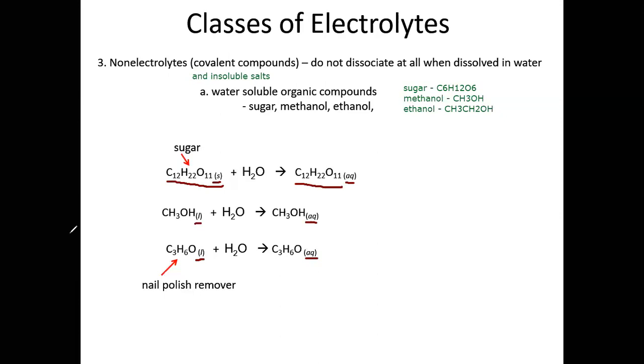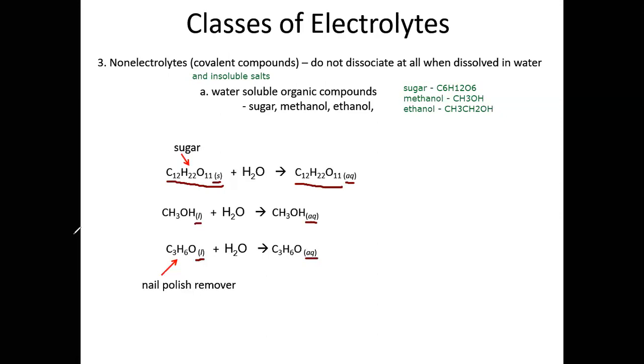For the rest of this chapter, we'll be mainly looking at strong electrolytes, because those are the ones we can look at in regards to the moles of ions in solution, and writing ionic equations in solution.